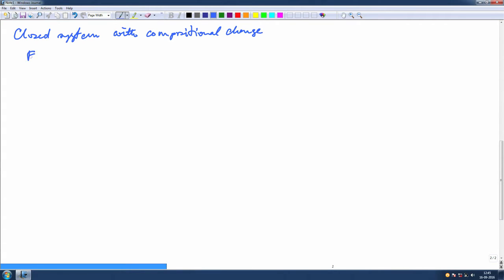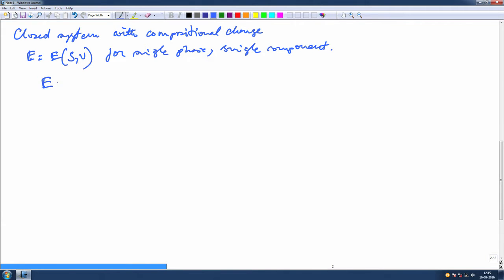Now, normally the internal energy will be a function of only two quantities, right. This is for single phase, single component. This we already know. But what happens when we actually have a compositional change over here?